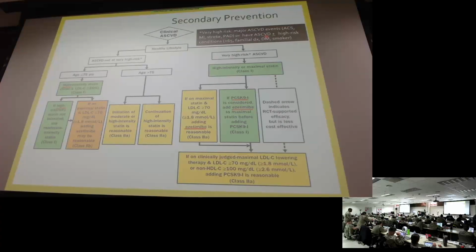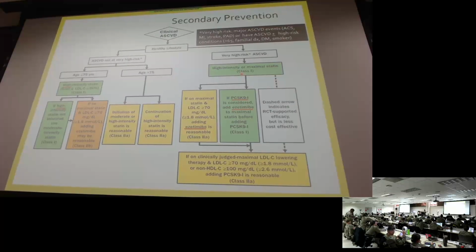Or if they had a history of ASCVD, right? So they've already been diagnosed. And they're greater than 65. They have a history, so familial diagnosis. They have diabetes, or if they're still a smoker, then I also consider these people a high-risk patient as well. So if you see any of that in the vignette, this is now your very high-risk patient.